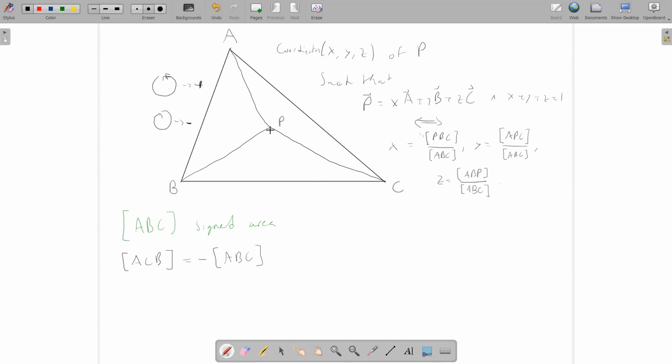Why? If you look at P, if A and P are on the same side of line BC, then ABC and PBC will have the same sign.